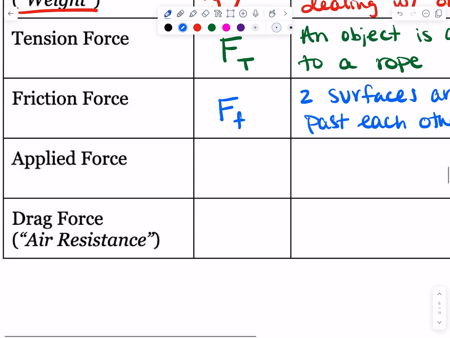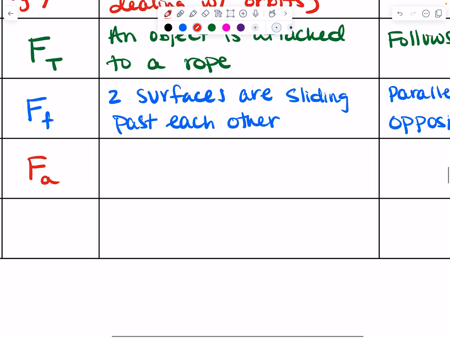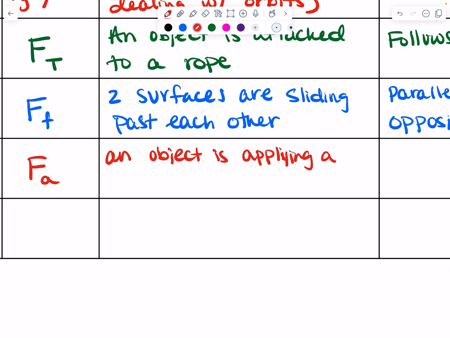All right, next we have an applied force, also could be referred to as like a push force. We'll symbolize that with a capital F sub A, and it's present when an object is applying a force directly on another object.